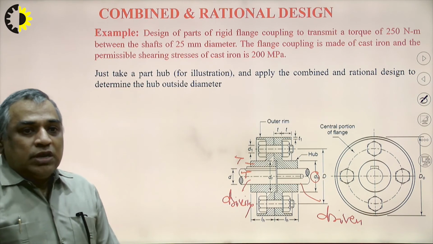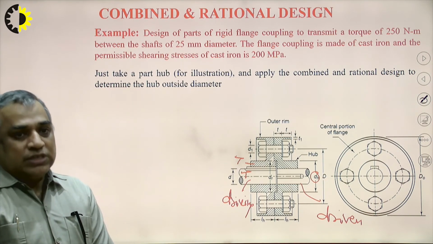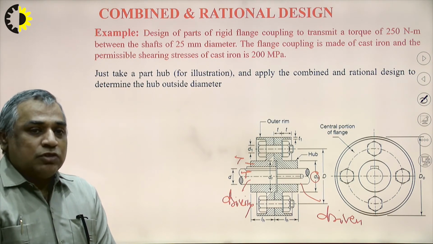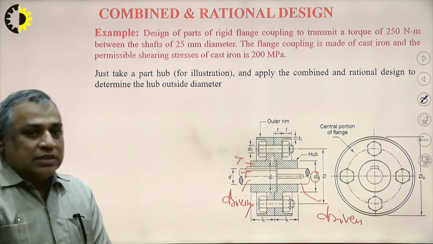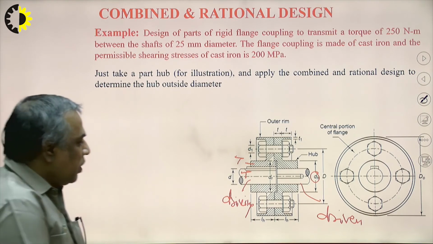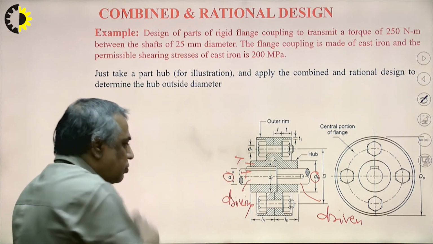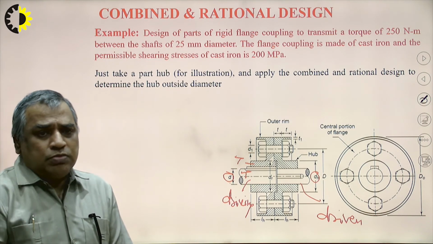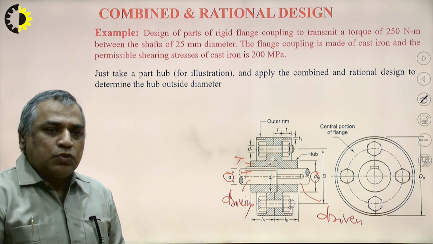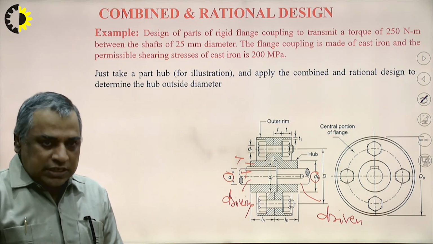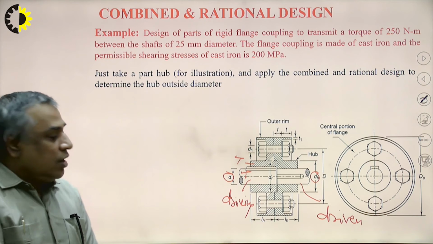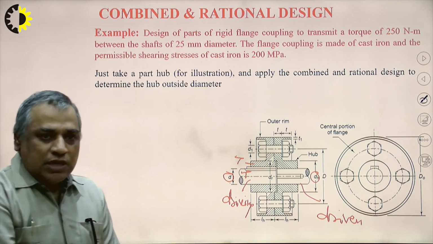So the outside diameter of the hub, you can decide by applying the concept we have discussed earlier for the solid shaft, by considering this hub as a hollow shaft having the outside diameter as DH and the inside diameter equal to the shaft diameter D, because there should not be a very big clearance between the outside surface of the shaft and the inside surface of the hub. So we are using this key to prevent the relative rotation motion.